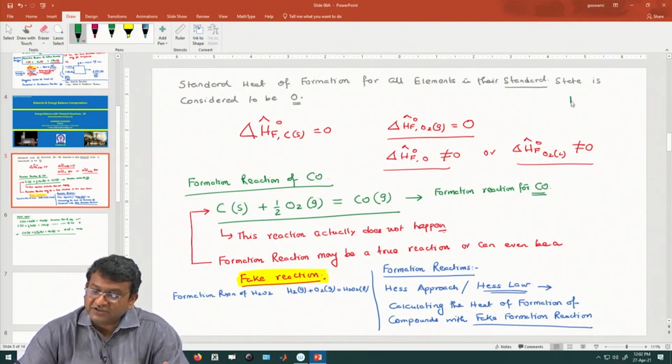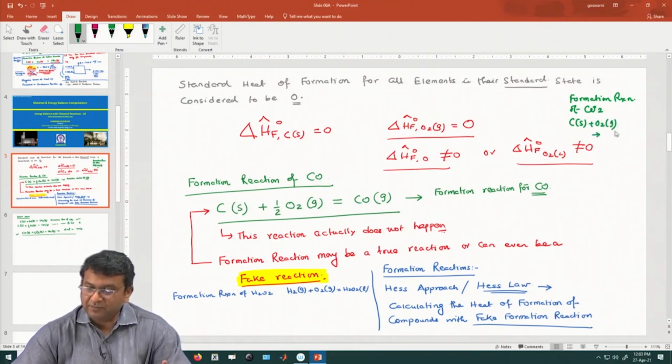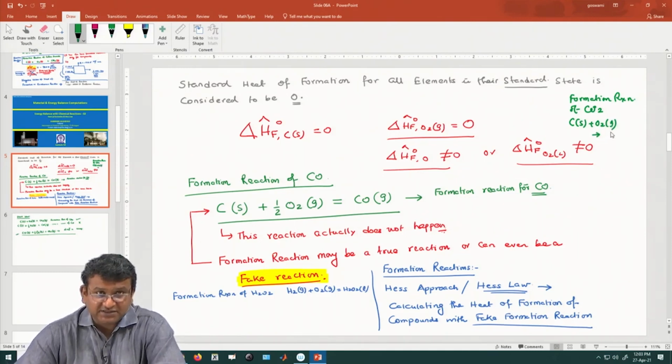In a formation reaction, you must mention the states, because all the reactants and products must be in their natural state. So, this is a true formation reaction, there is absolutely no problem.